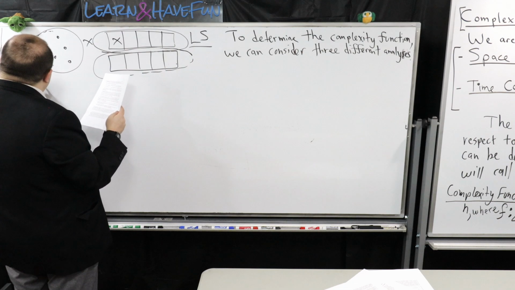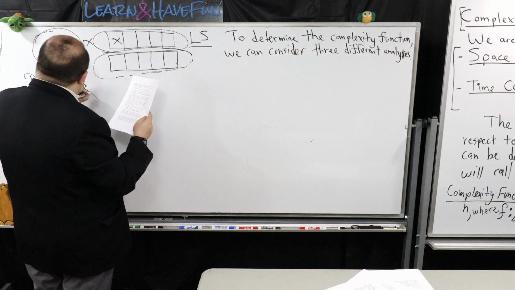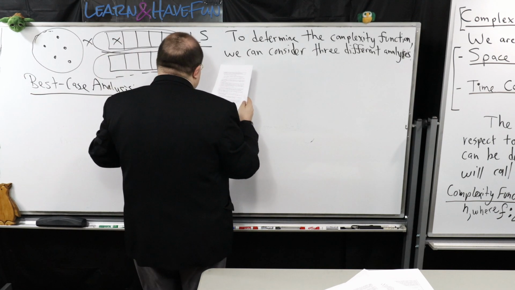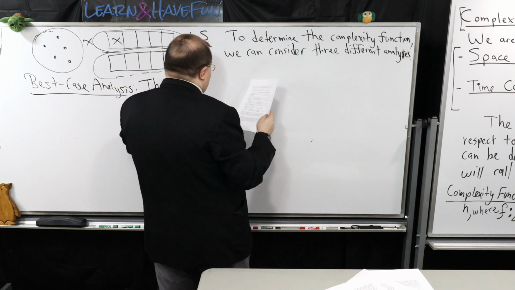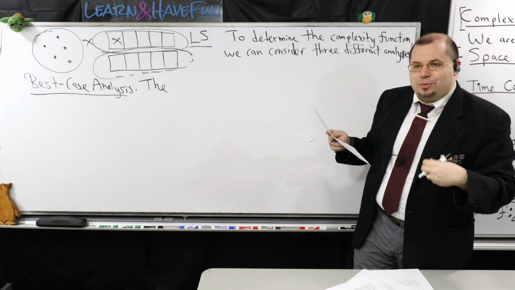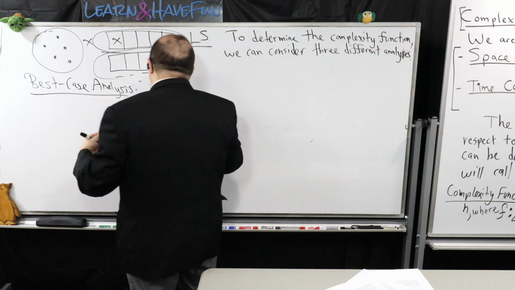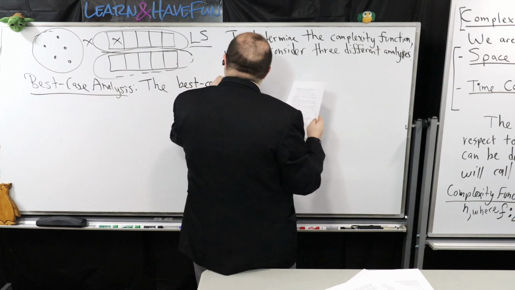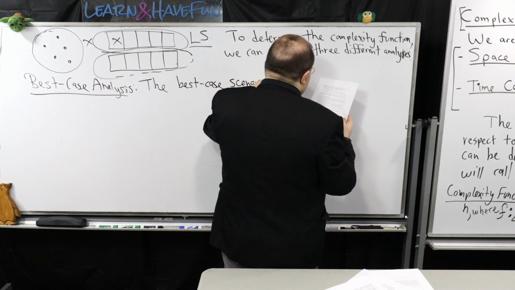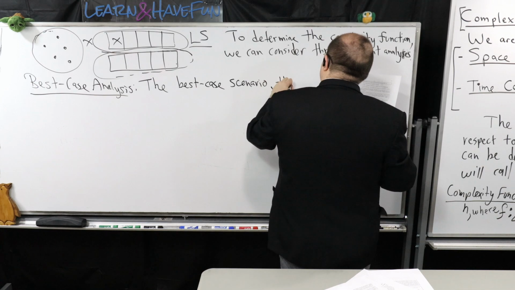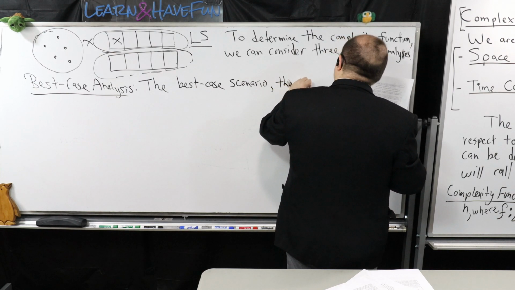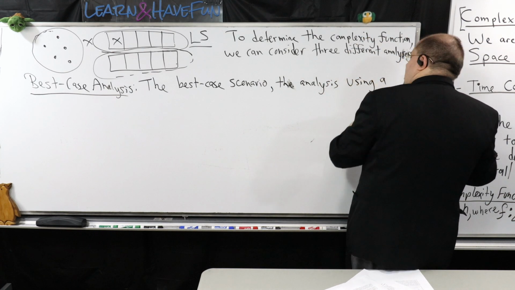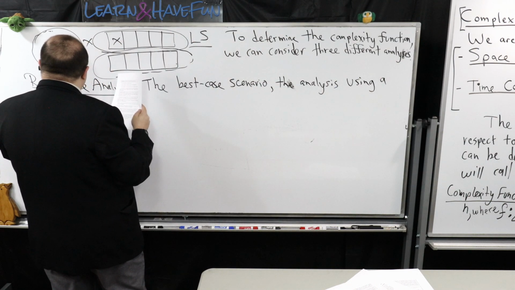I'm going to use linear search to help explain these ideas. So first is best case analysis. My definition is going to be rather straightforward. I'm going to keep it high level so we don't get too bogged down in definitions. This is the best case scenario, as the name suggests. This is just the analysis using a best problem instance.